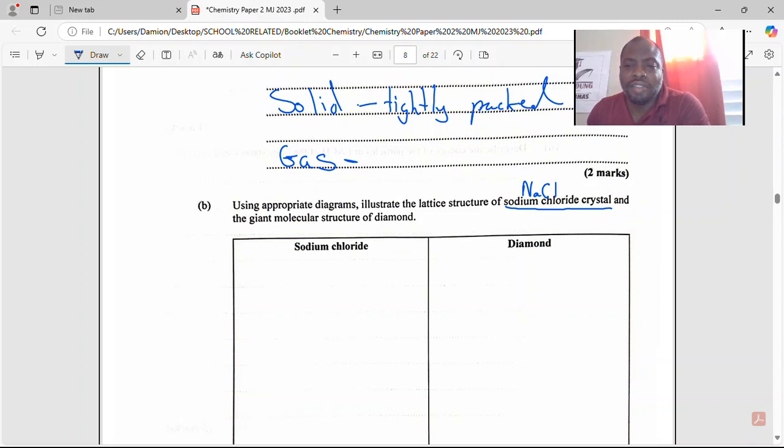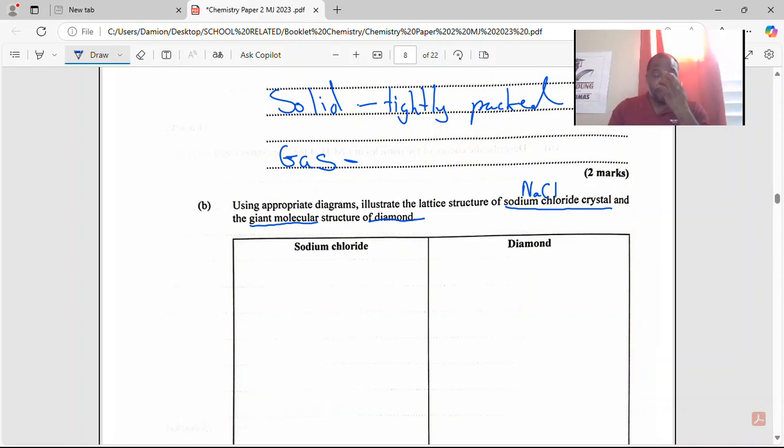And we have a giant structure, like diamond. Diamond is an allotrope of carbon. Who is the counterpart to diamond? Graphite. Wonderful. And we said that's sodium chloride.